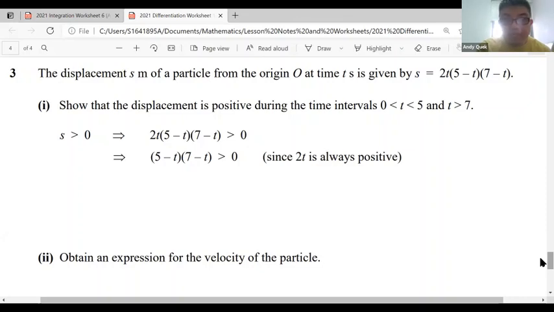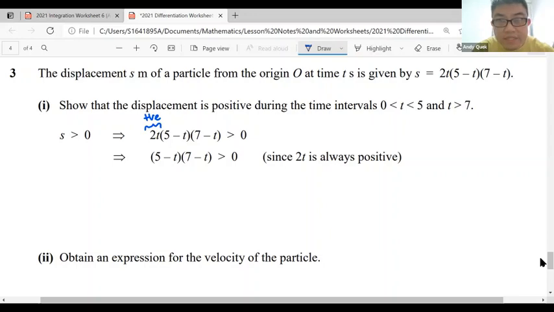I put there in brackets that 2t is always positive. So if 2t is always positive, you can divide both sides of the inequality by this positive expression, and the inequality will still be true. Okay, so another way to look at it is to say, you want this whole thing to be positive, but this first chunk is already positive.